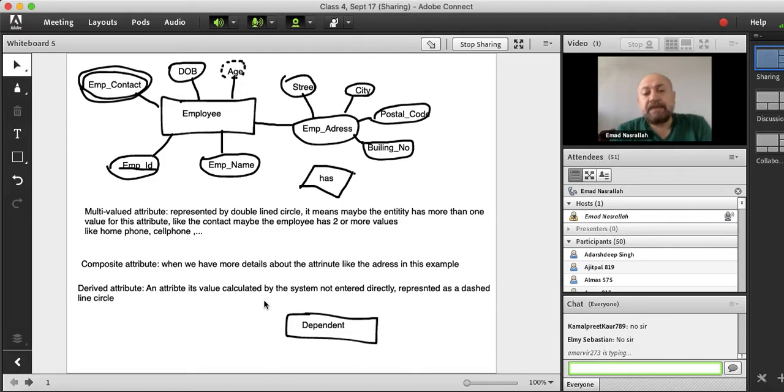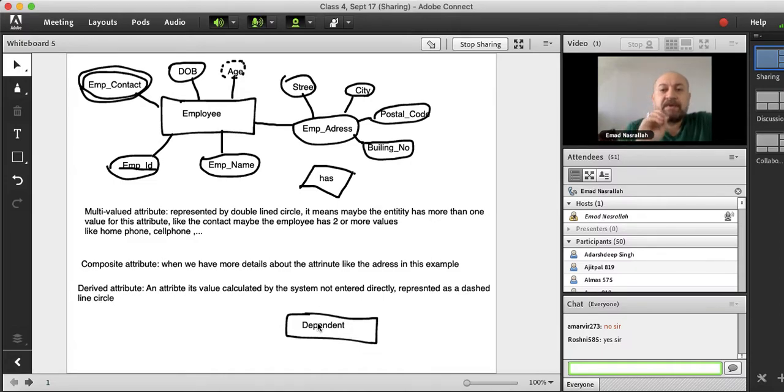Let's go to the dependent. Okay, now we have a dependent. Dependent entity set has dependents of the employee, like wife, kids, maybe parents, maybe younger brothers, whatever.